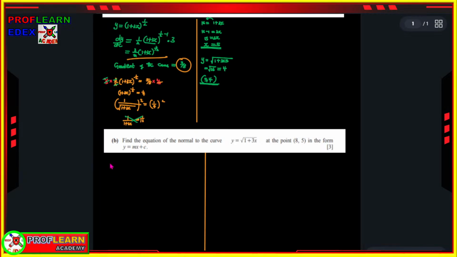So already we know that dy/dx is given by the formula 3/2 into (1 plus 3x) raised to the power negative a half.